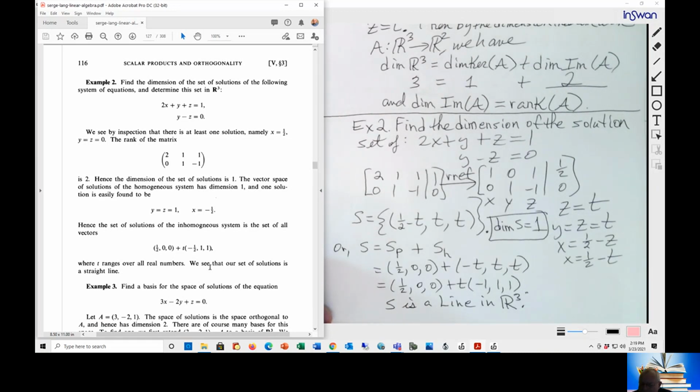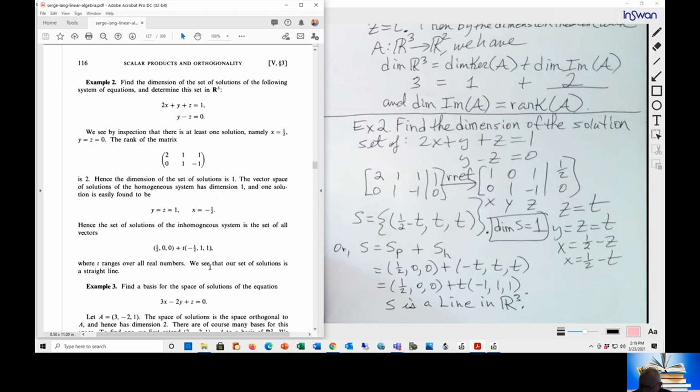Now, if you take the same row reduced matrix, 1, 0, 1, 0, 1, negative 1, augment with 0, 0 rather than 1 half, 0, and look at the solution set for the associated homogeneous linear system, you'll see that x is equal to negative z, or negative t, and again y is equal to t, and z is equal to t. So the homogeneous linear system has solution negative t, comma t, comma t.